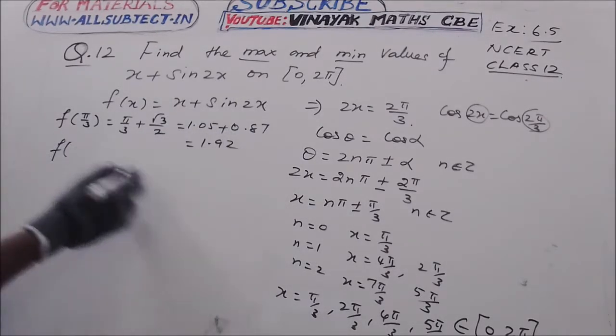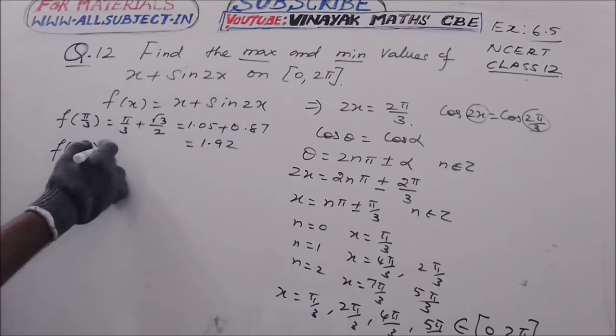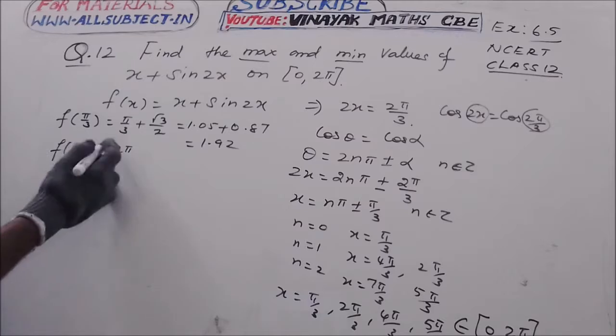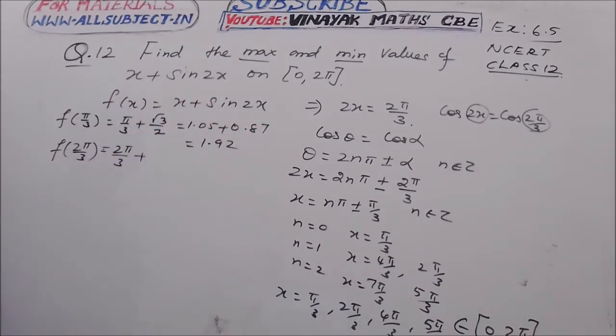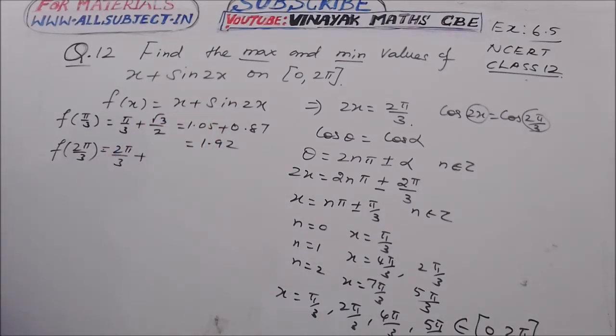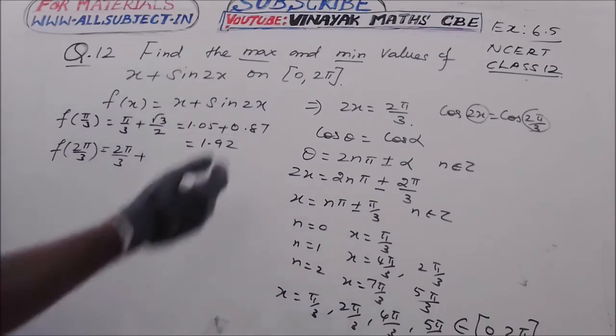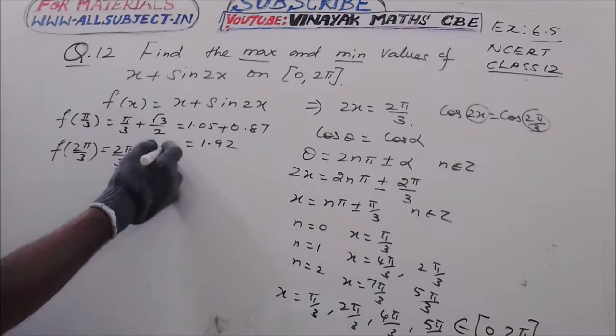Then f of the next value, 2 pi by 3, equals 2 pi by 3 plus sine of 2 into 2 pi by 3. 2 pi by 3 means 120 degrees, so 2 into 2 pi by 3 is 240 degrees. The value of sine 240 is minus root 3 by 2.